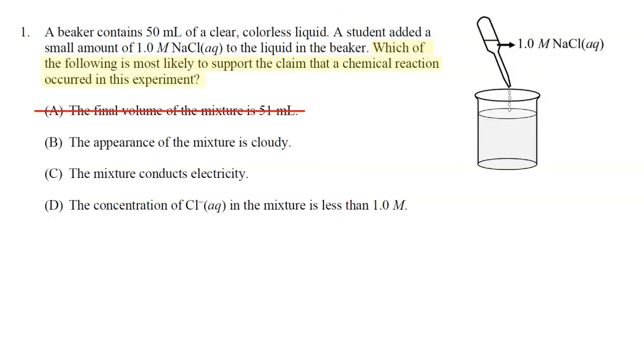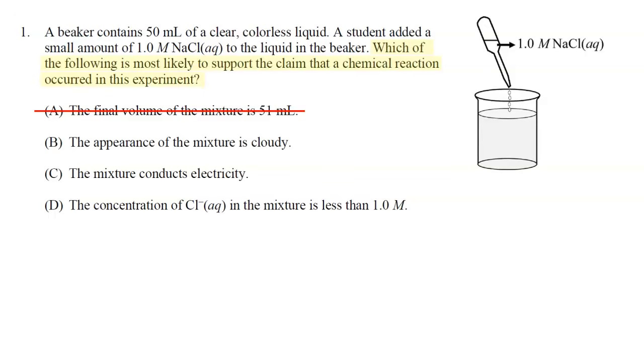Now let's take a look at choice D. It says the concentration of the aqueous chloride ion in the mixture is less than 1.0 molar. So if we start with a 1.0 molar aqueous solution of sodium chloride, and then we add that to 50 milliliters of liquid, the total volume of the mixture is going to increase, and that would be diluting the sodium chloride solution.